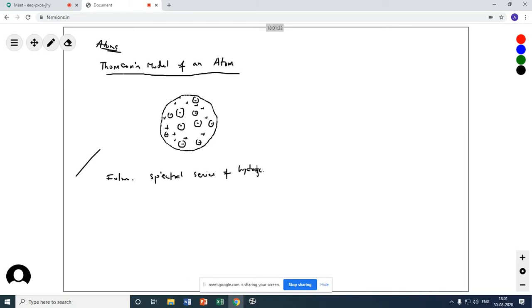Whatever we will learn next, it won't be able to explain. What is excitation? How do atoms get excited? It can't explain. So this theory was a complete failure. However, it did lay a foundation to investigate the actual picture of an atom.